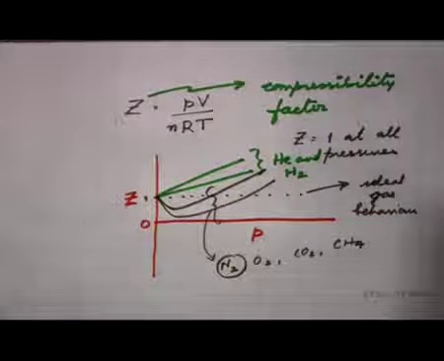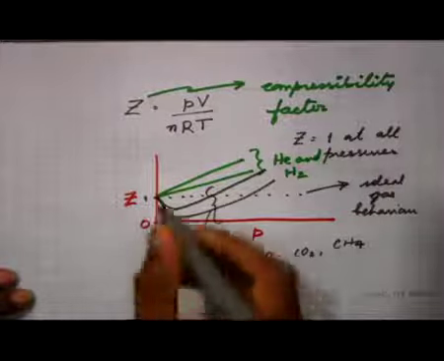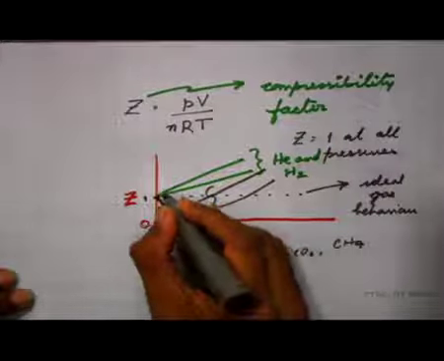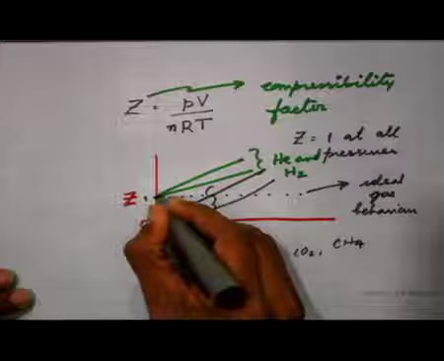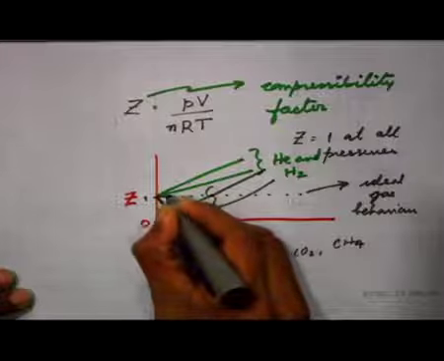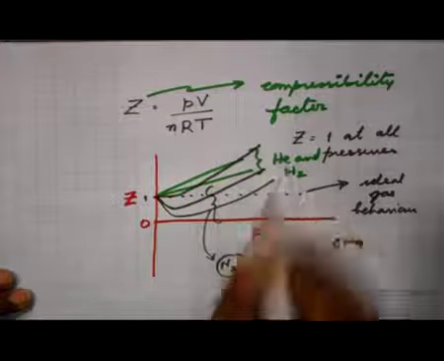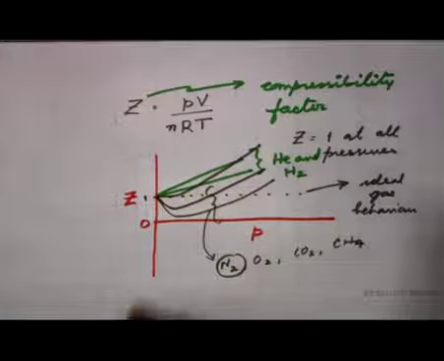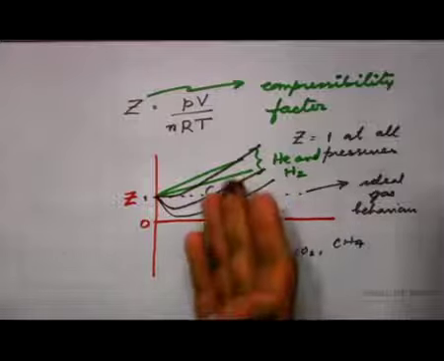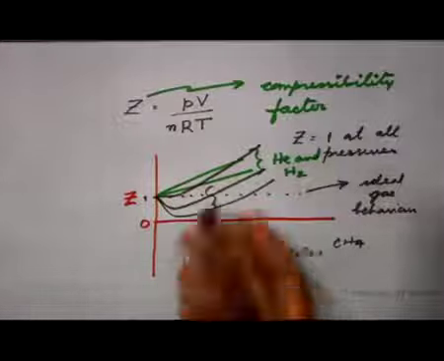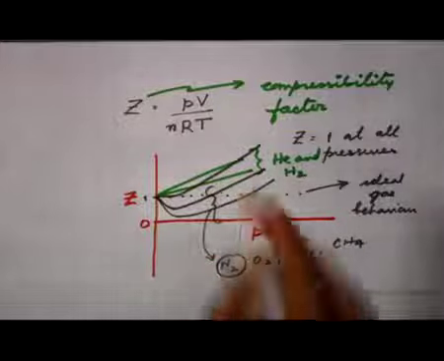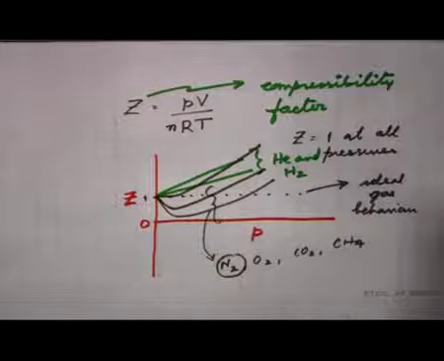You would also sometimes find, for example, nitrogen is a good example where Z is very close to 1 for significant values of the pressure, and then it starts to go like that. This is observed at some particular temperature for all gases, but if you did this at room temperature, this is more or less the behavior that is demonstrated by nitrogen.